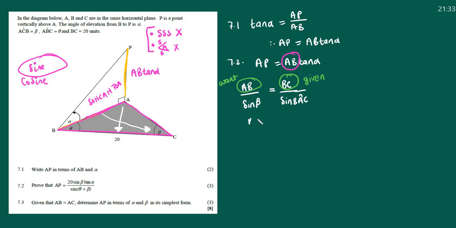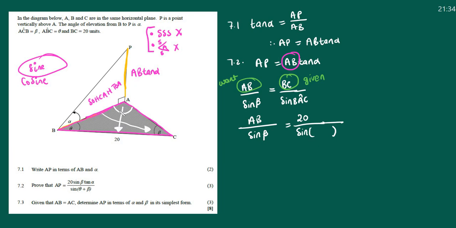So now AB over sine beta. BC is given as 20, but what is sine of BAC? Let's understand that BAC, we can get it because we have two angles, where for the sine rule, when it applies, you will always have two angles. You understand me? So because of that, you can get the third angle here, using the sum of angles in a triangle.